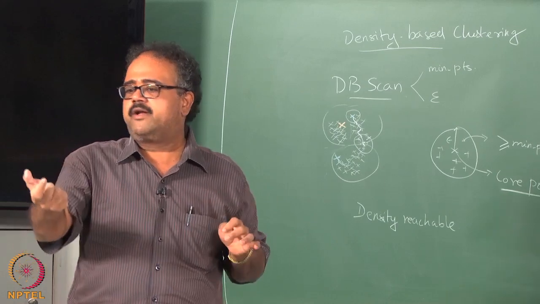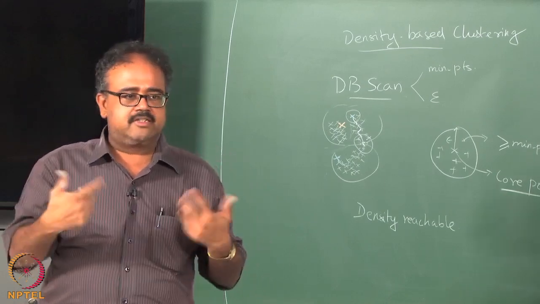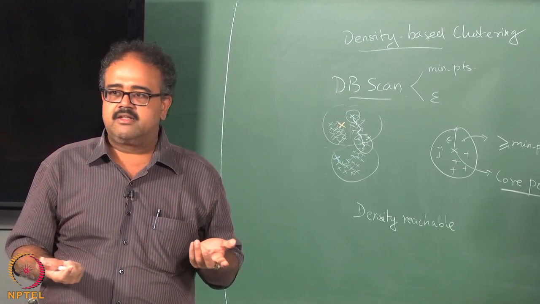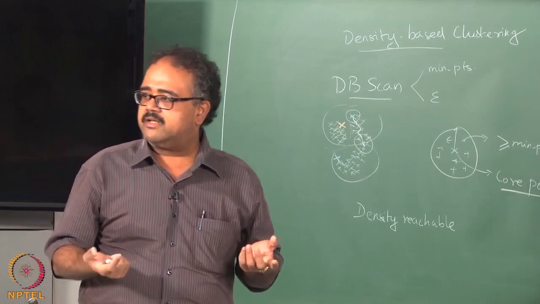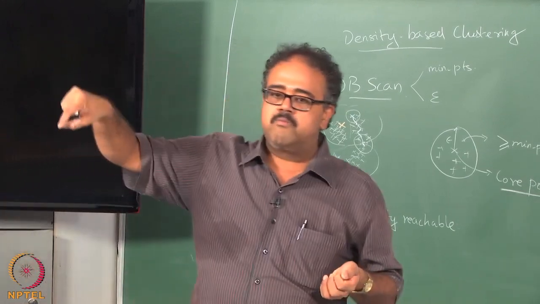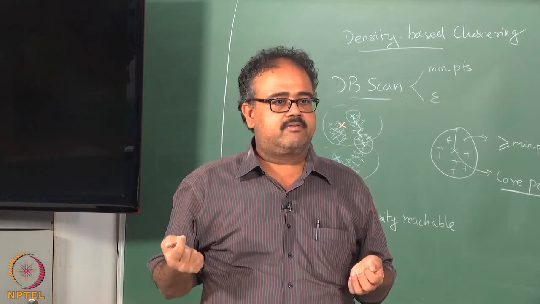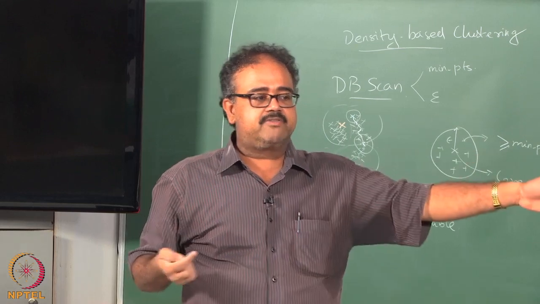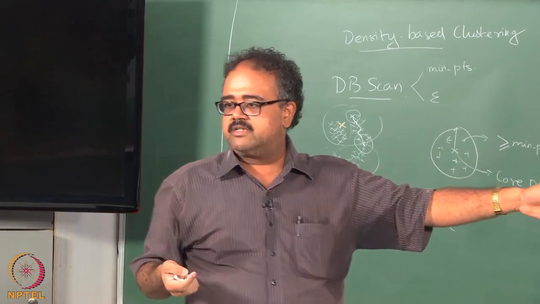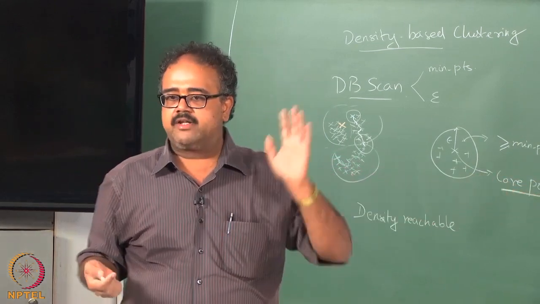Obviously every core point is density reachable because it is reachable from itself, and then there will be border points which are density reachable from core points. There might be other points which are not density reachable from core points, which are essentially outliers.